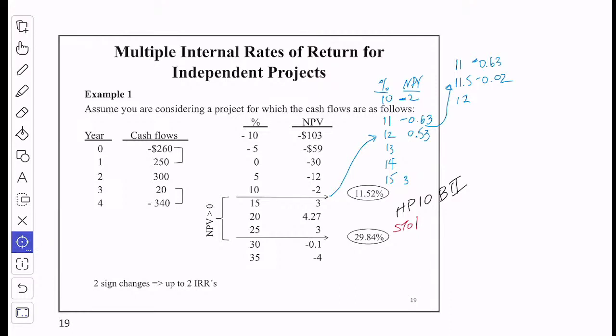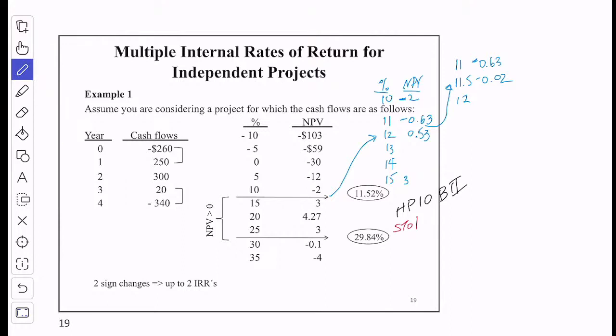Usually in the past it's because it was cheaper than the BA II Plus. But I realize it forces you to work with the NPV profile rather than just getting the values out of your calculator. All right, which you do need because you need to see the pattern, where it's positive and where it's negative.